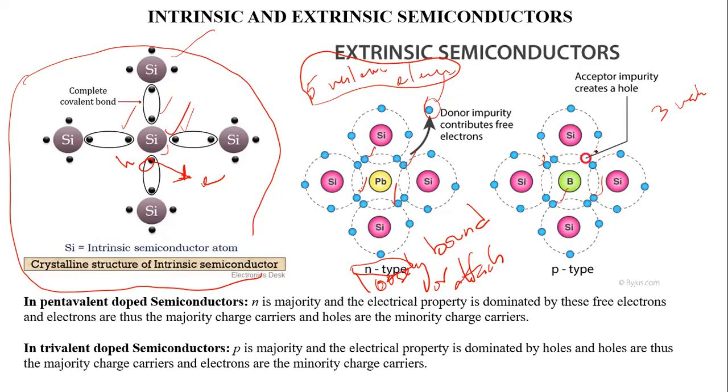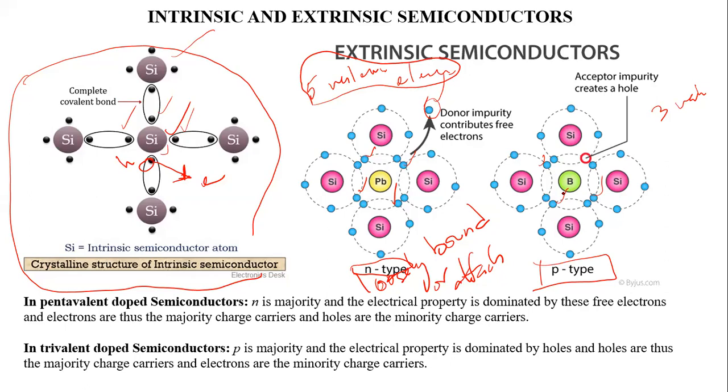So this type of semiconductor, once it is doped with a trivalent atom, is known as a p-type semiconductor, because a hole is a deficiency or vacancy of negative charge, meaning we can consider it as a positive charge, even though actually it is simply a vacancy.